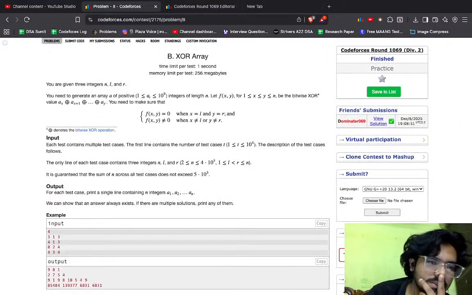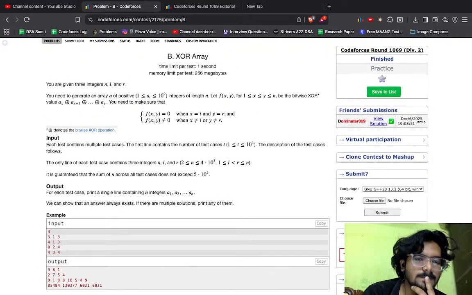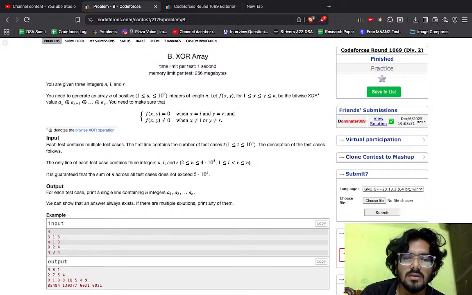The question was simple. You are given a left and right, and XORing everything in that range should give you 0, and nothing outside this range should result in a 0.